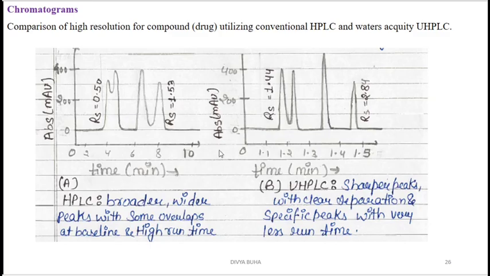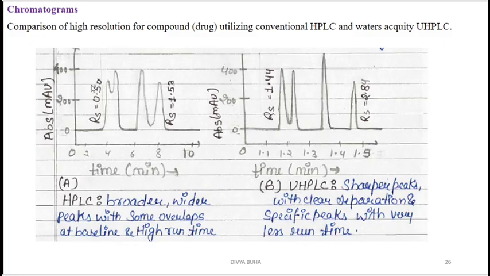So you can compare both the graphs, and you can see that the resolution is more in UHPLC. Over here, Rs means the peak resolution, right? And it is said that if you want to go for the separation of pharmaceutical products, then the resolution should always be higher than 1.5, right?